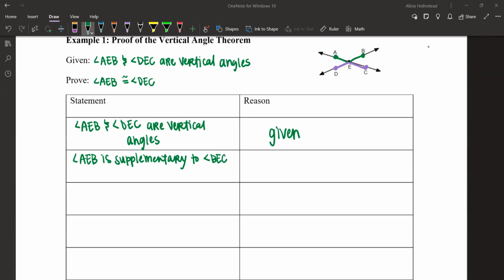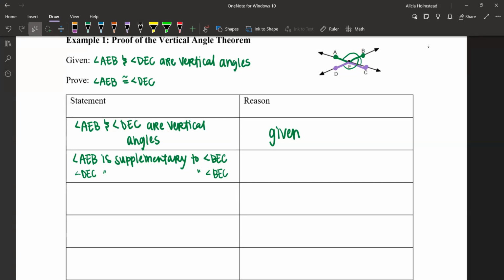Okay, we feel good about that. And then angle DEC is supplementary to angle BEC. Alright, so DEC and BEC are there, and then AEB and DEC would be here. So yeah, those make supplementary angles.